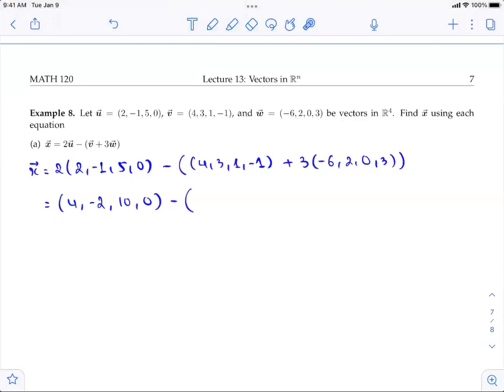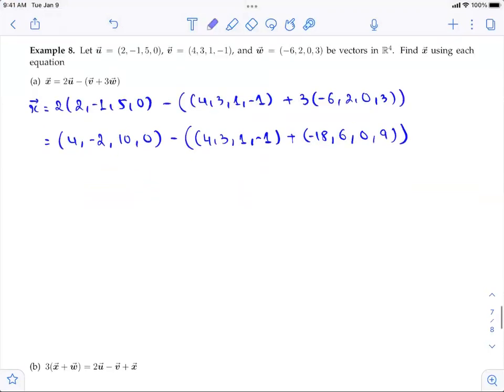And then the vectors inside the parentheses, you get 4, 3, 1, negative 1 plus negative 18, 6, 0, 9. Then you add these two vectors together. You get the vector of the form negative 14, 9, 1, 8, sorry.